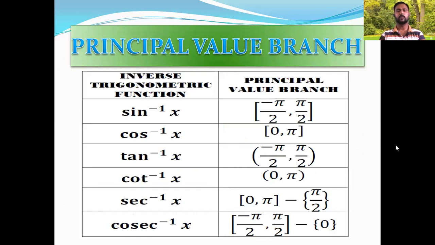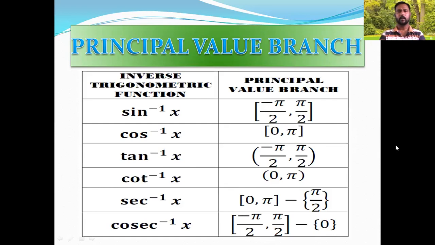Now the principal value branches for different inverse trigonometric functions are given here. That of sin inverse x is the closed interval minus pi by 2 to plus pi by 2. Other than this branch, you can find many such intervals which are known as value branches. In all such intervals, it can be defined as a function.